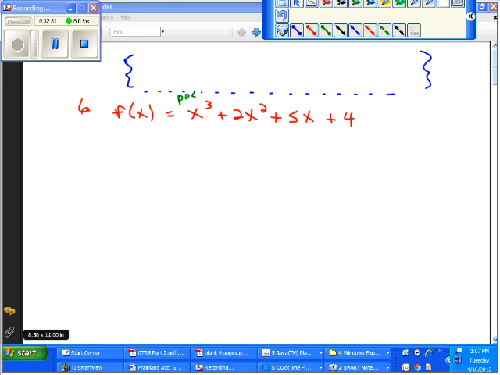The sign of the first term is positive. The sign of the second term is positive. The sign of the third term is positive. The sign of the fourth term is positive. There are 0 sign changes. It went from positive to positive. That's not a sign change. Positive, positive, that's not a sign change. Positive to positive, that's not a sign change. There are 0 sign changes.